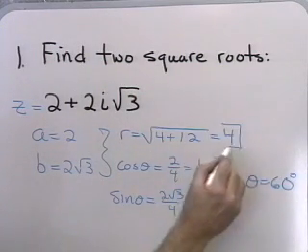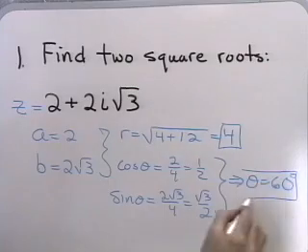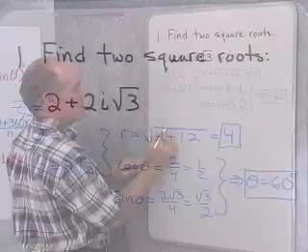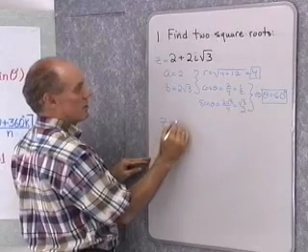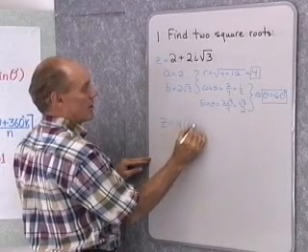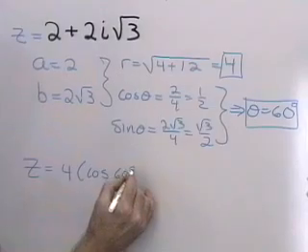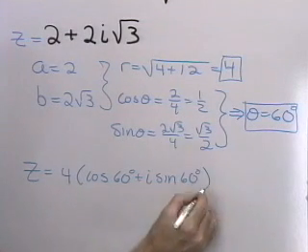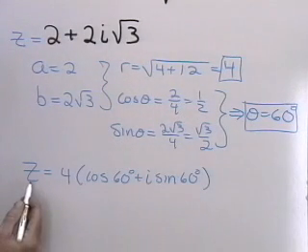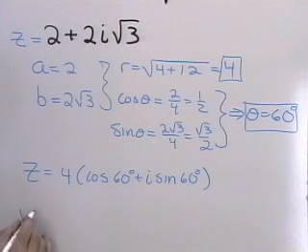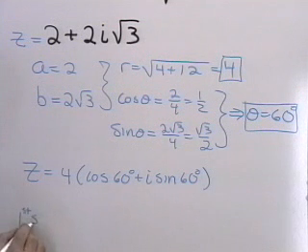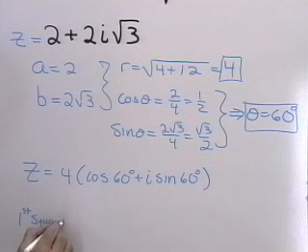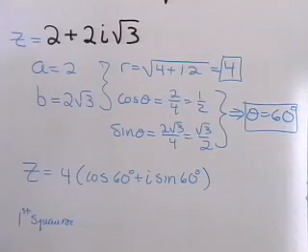So I have r, and I have theta. My complex number z is equal to 4 cosine of 60 degrees plus i sine 60 degrees. Now I want the two square roots of z. Let me erase that.